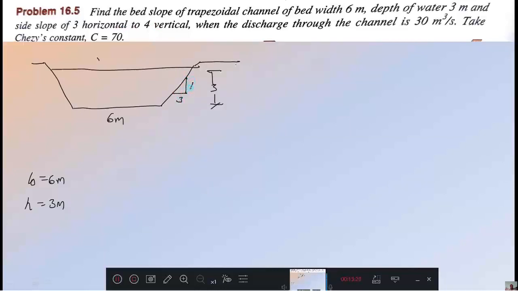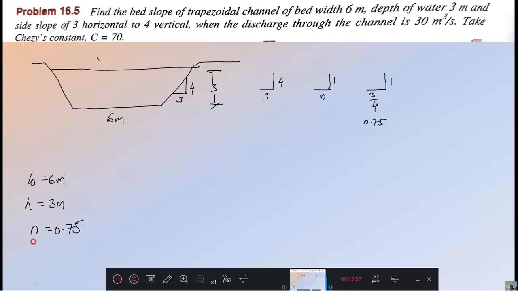Actually I want 1 in n, therefore I divide both sides by 4. 4 by 4 is 1 and 3 by 4 is 0.75. Then n is equal to 0.75. You got n.